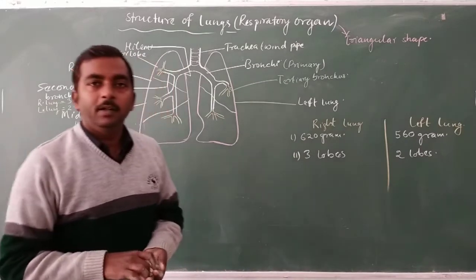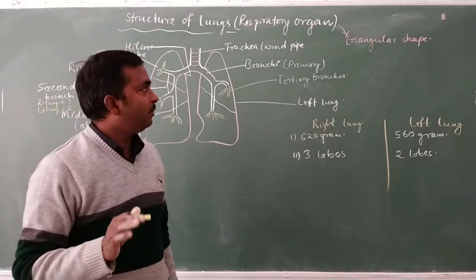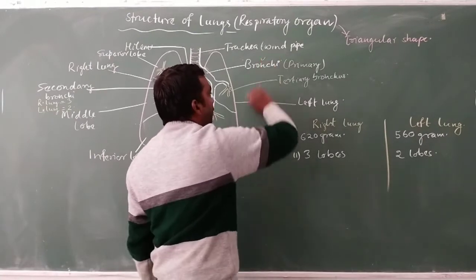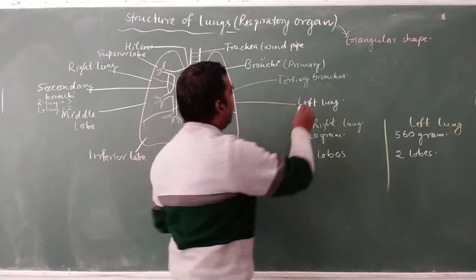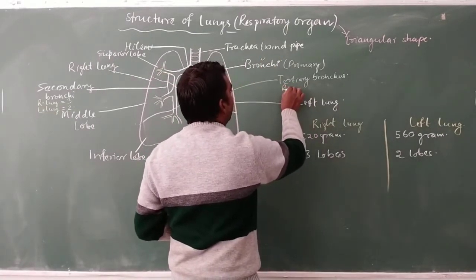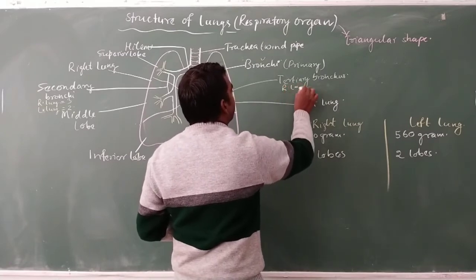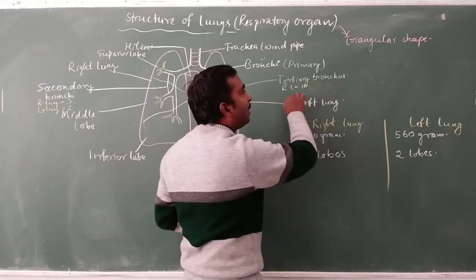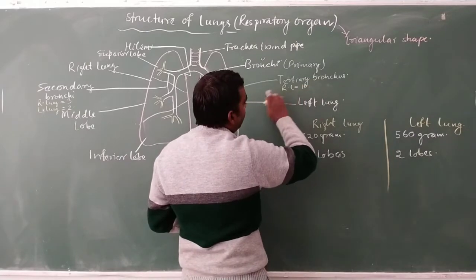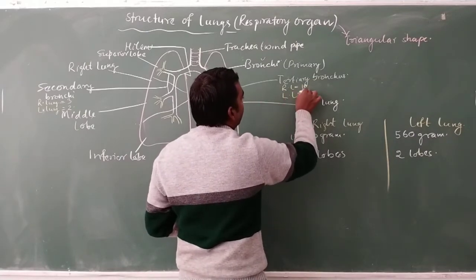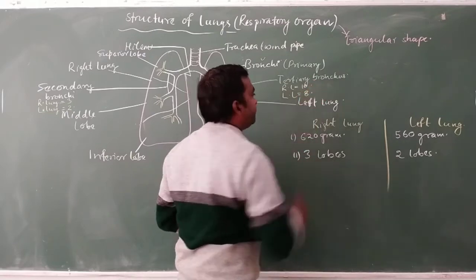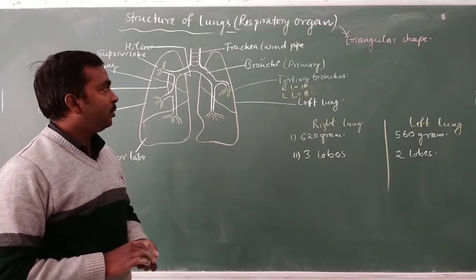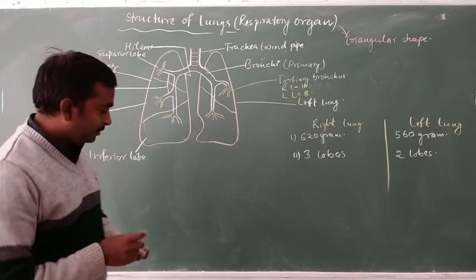In singular it is known as bronchus, while in plural we say bronchi. There are about 10 tertiary bronchi in the right lung, while in the left lung there are 8. So the numbers vary from left to right.